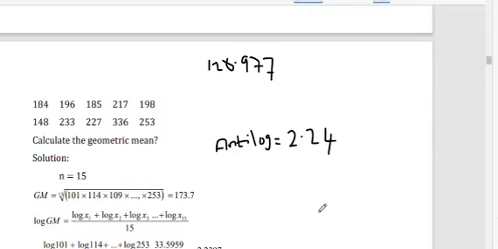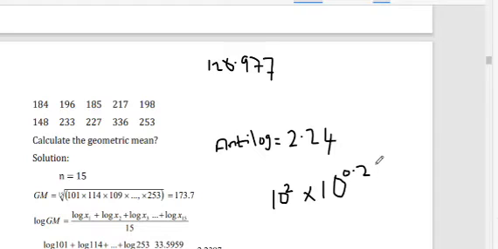But we can just take the anti-log of this by writing 10 raised to power 0.24. Let me write that. The anti-log is actually 10 raised to power 2 times 10 raised to power 0.24.